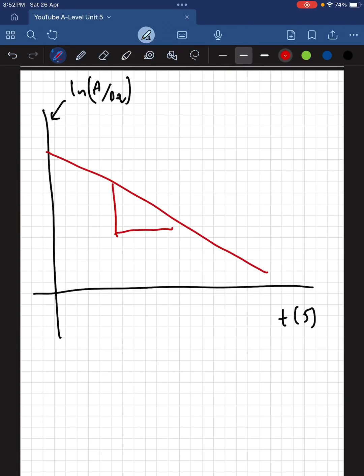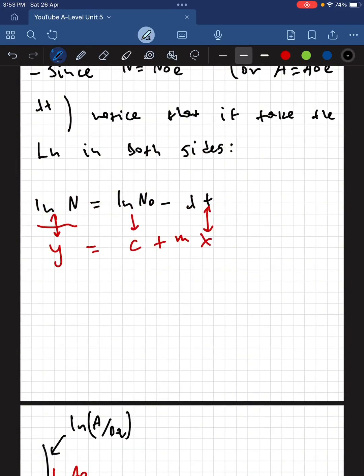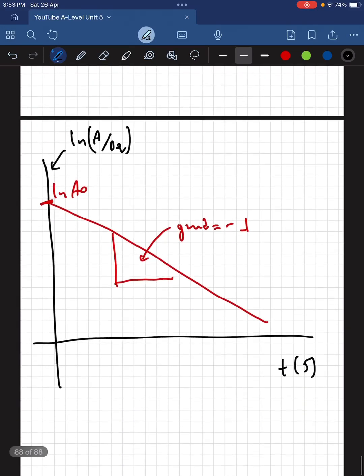The gradient of this line is minus lambda, and the y-intercept is ln of A naught. I mention A naught because activity follows exactly the same line. So the gradient of this curve will give you the decay constant, and the y-intercept will give you ln of A naught, or ln of N naught if you have the curve related to the number of nuclei.